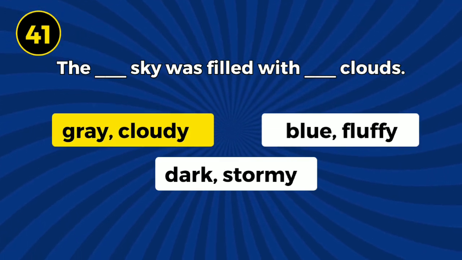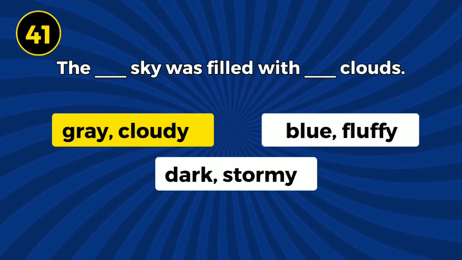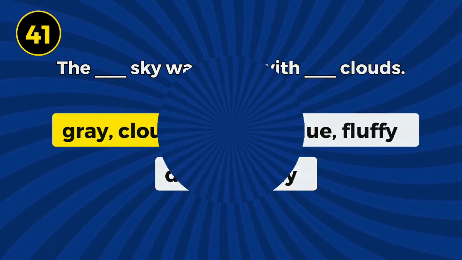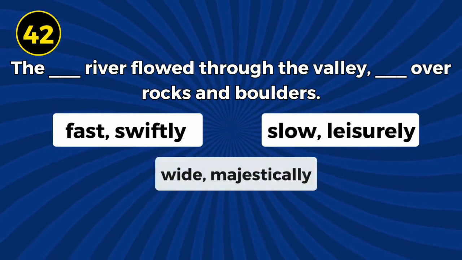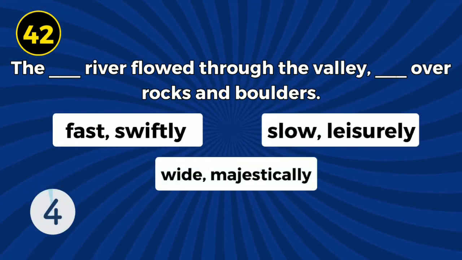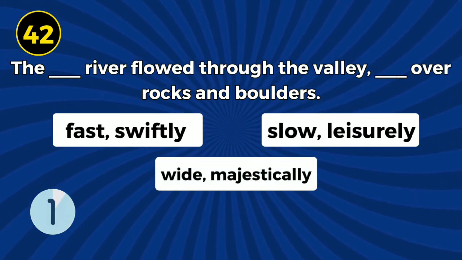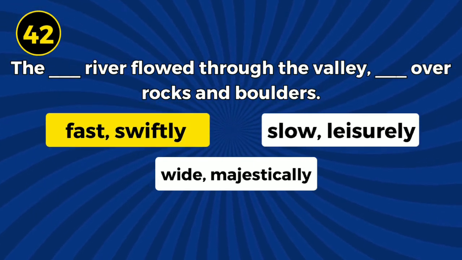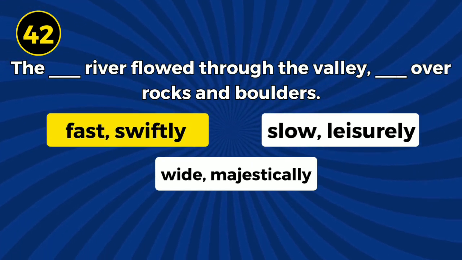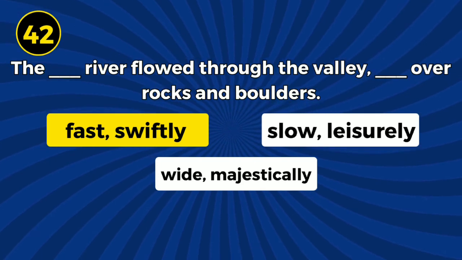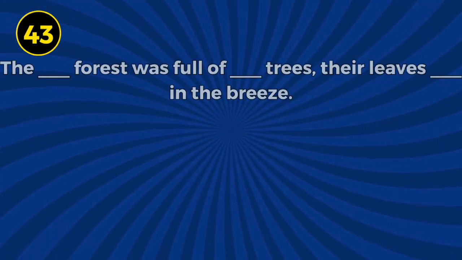The grey sky was filled with cloudy clouds. The fast river flowed through the valley, swiftly over rocks and boulders.